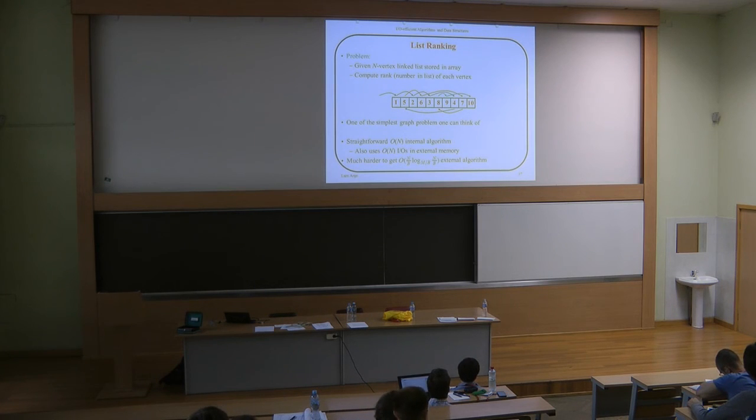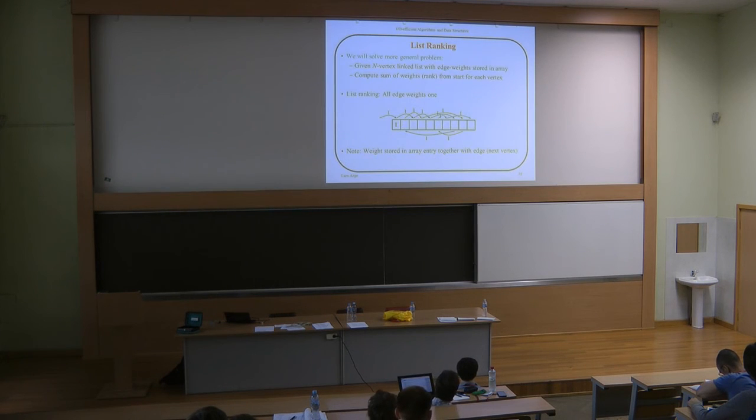You're with me on the problem, right? Just number the elements in a linked list. Actually, I'm going to solve a more general problem, where the edges have weights. So on each edge, there's a weight, and what I want to do is sum up the weights to my node, right?